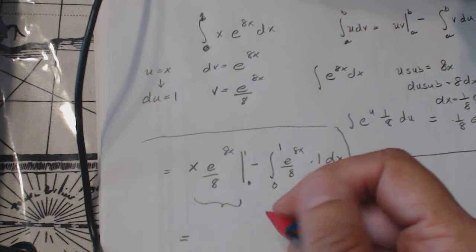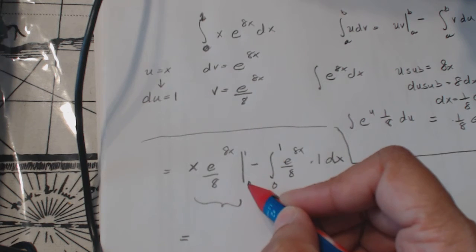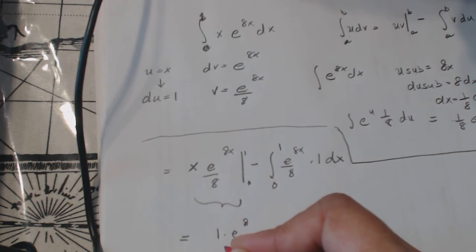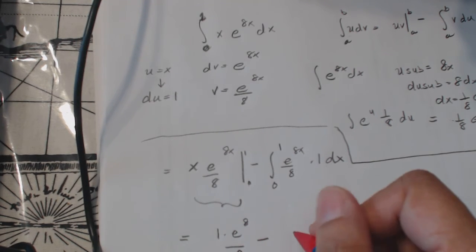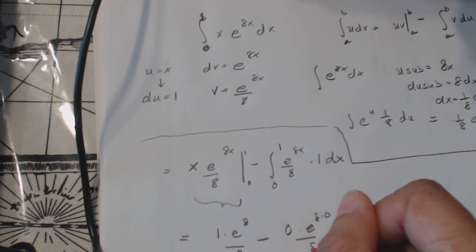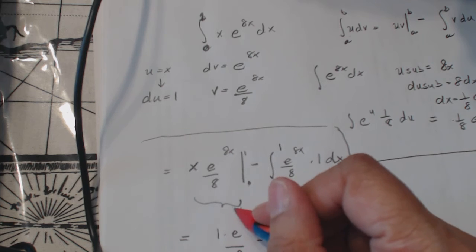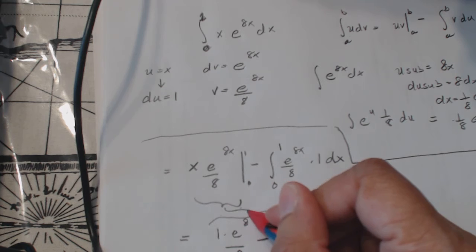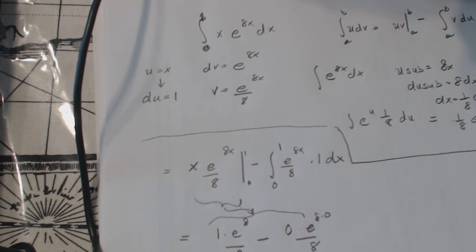I'm going to evaluate this first. Plug in f of b minus f of a. So I'm going to plug in 1 for x, and then plug in 0 for x. That's this part here. This whole thing is being evaluated. And then I still have this antiderivative over here. Not done with that yet.